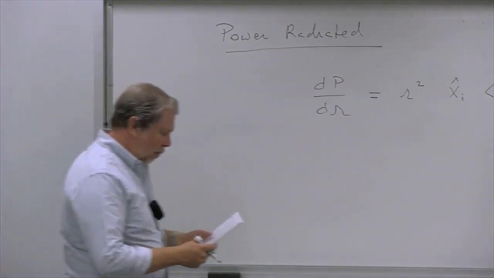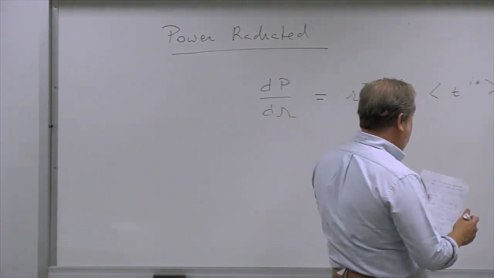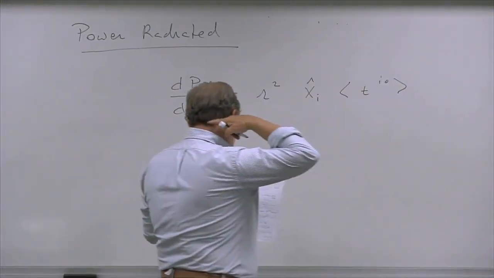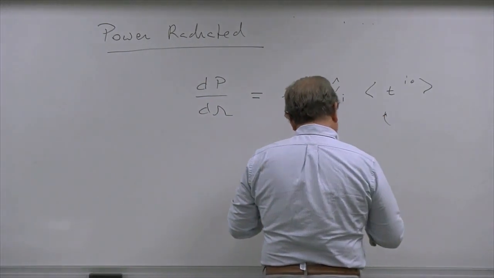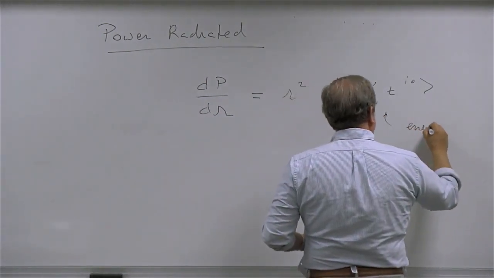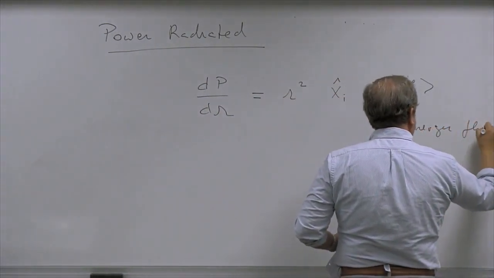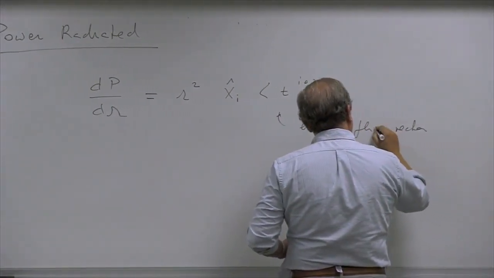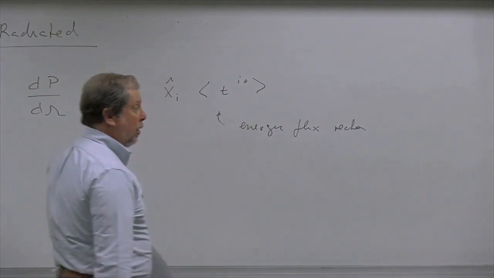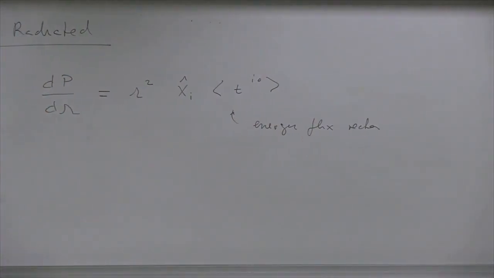As I said, I'm just going to write some of the formulas and not go into too much detail. So T i0 is an energy flux vector, which is analogous to the Poynting vector of electromagnetism, right?